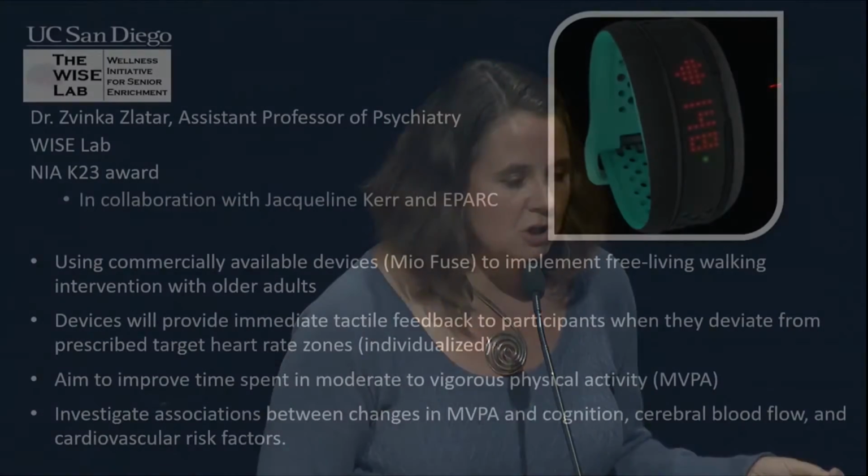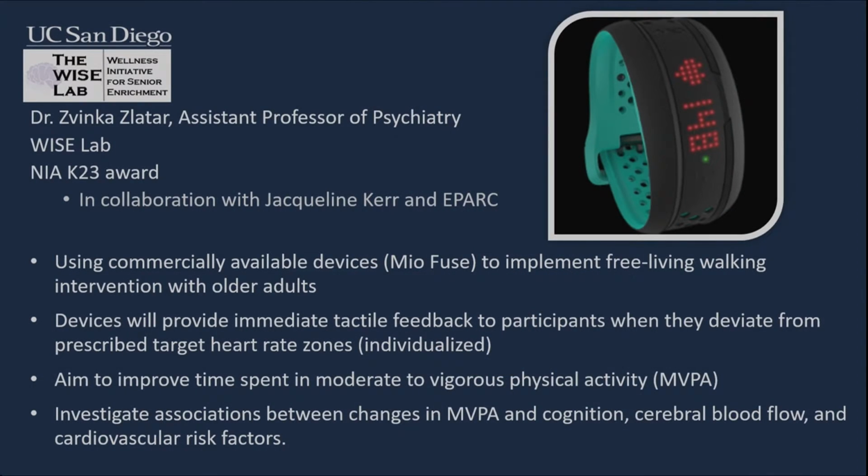I wanted to mention, for some outcomes, we know that moderate to vigorous physical activity is the outcome that we need to reach. So if you're trying to get cognitive change, you need to get increased blood flow, therefore you need to do higher levels of physical activity. Now we can do that in the laboratory, but we haven't yet shown that we can do this in free living. So Zvinka, who's here, do you want to stand up?